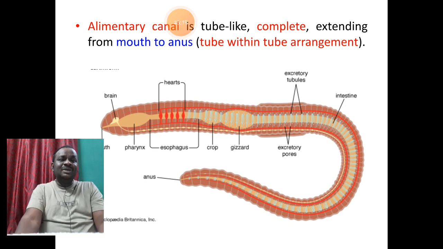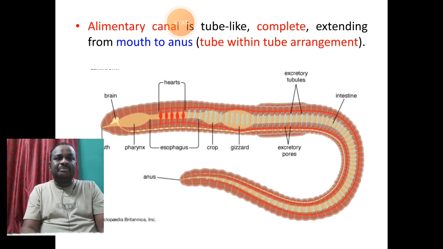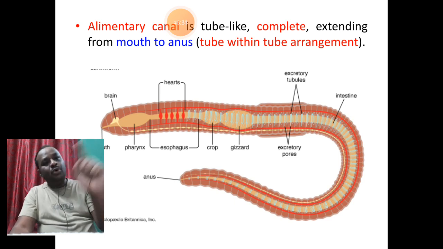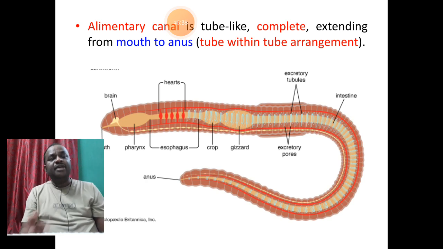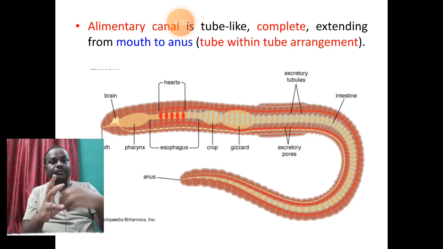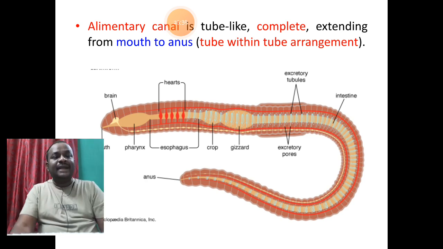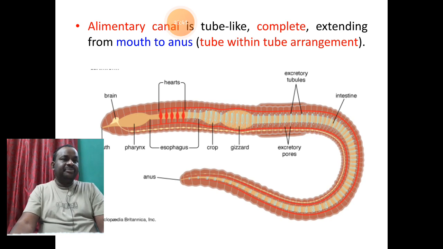As we have understood, a complete alimentary canal or digestive system refers to the presence of a mouth and anus for the digestive system. So this organism has got both the mouth and anus. So there are two separate openings for the process of ingestion of food and egestion of the undigested waste.